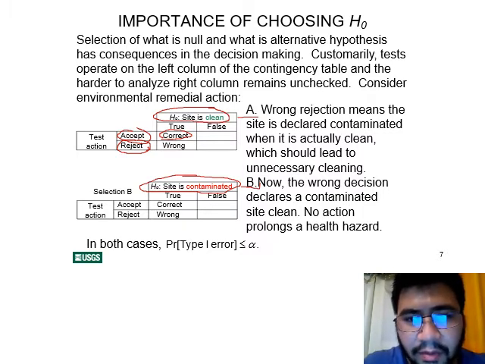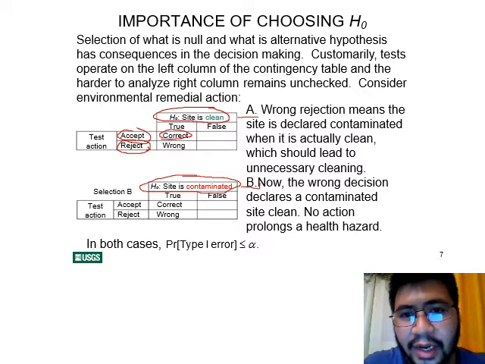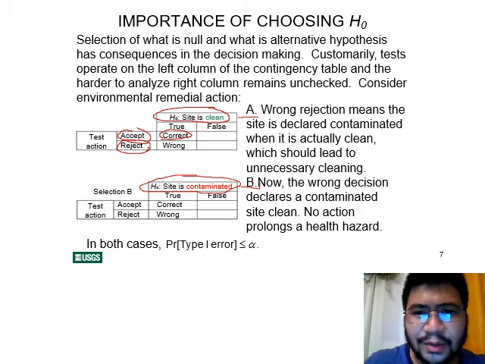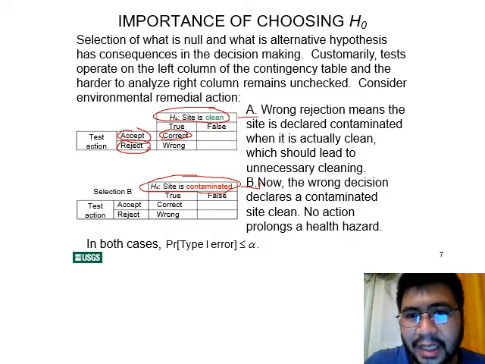So we're kind of wrong here. And the consequence here is bad, but not so bad, because we spend money to clean up the site when in fact there are no contaminants in the site. So we basically wasted money.